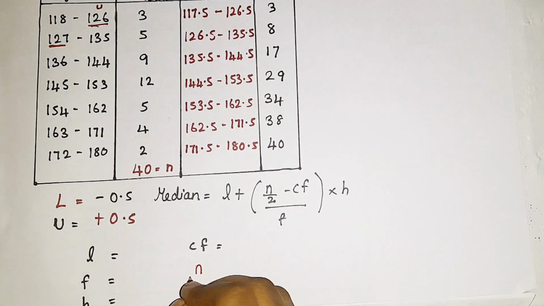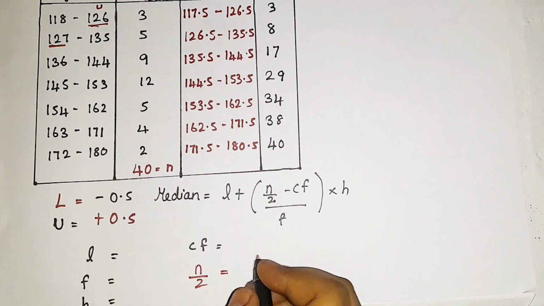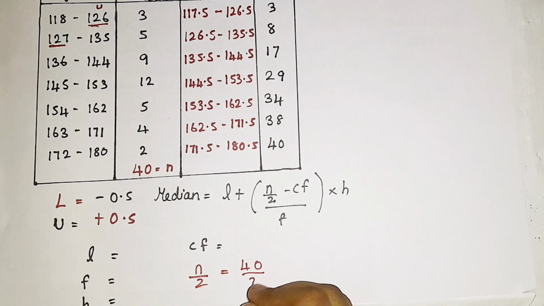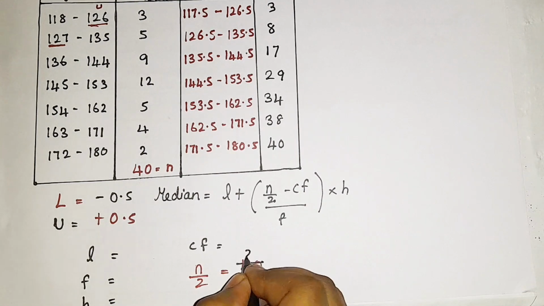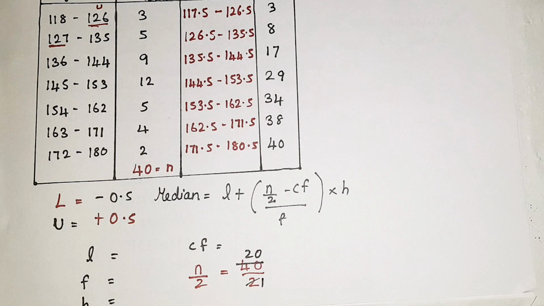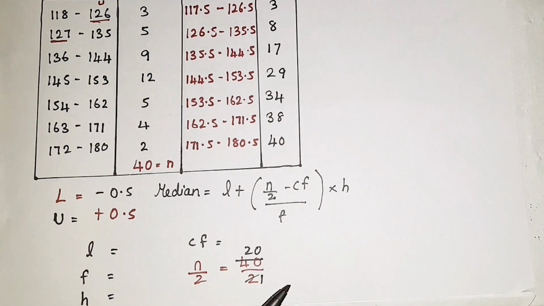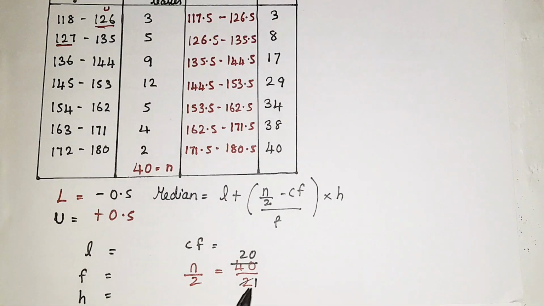Okay, so now let us find the N by 2 value. So N value is 40 divided by 2. Cancel it. Okay, so we got it as 20, isn't it? So now I am supposed to find the closest number to 20.